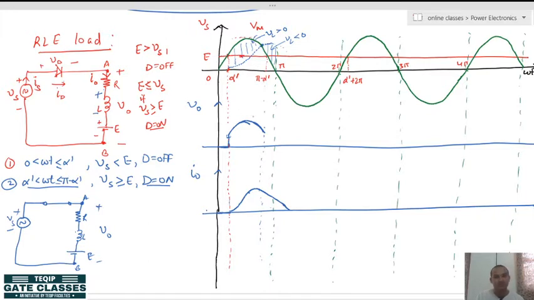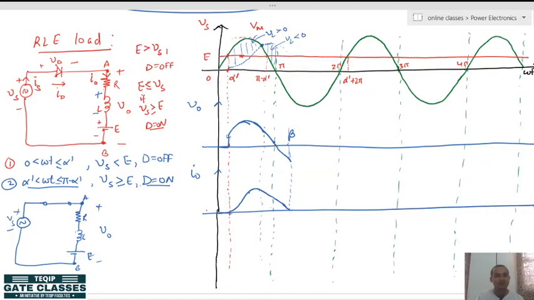Since the diode is on, the load will continue to follow the source, and the output voltage will go like this. Since the inductor is discharging, at the beta instant the output voltage will continue to follow the source till the beta point. Alright, so the same concept which we learned with the RL circuit is applicable here also.